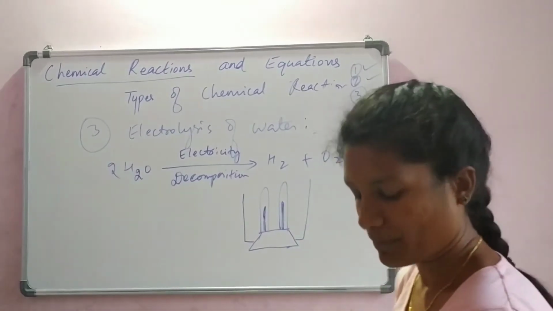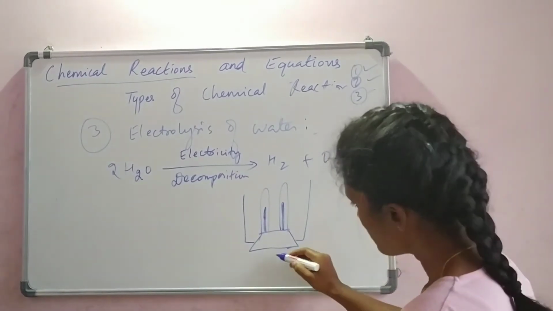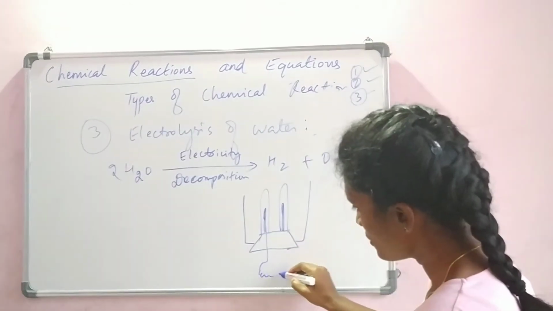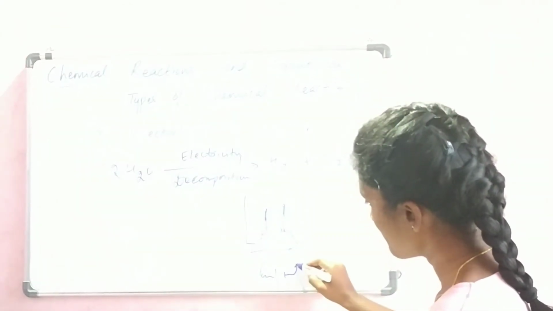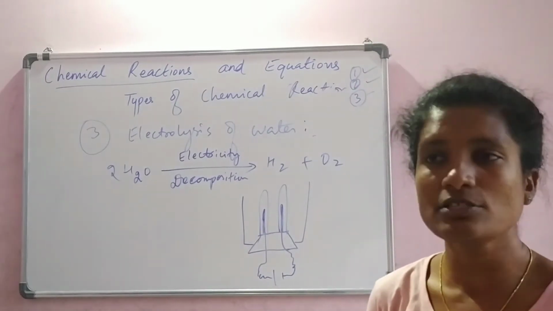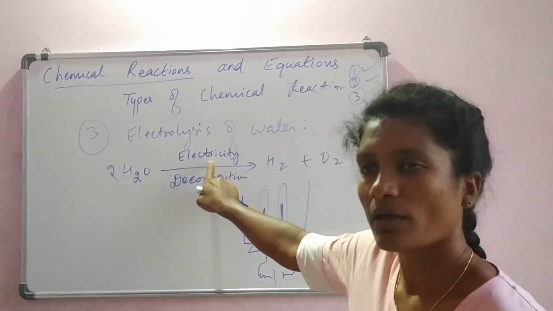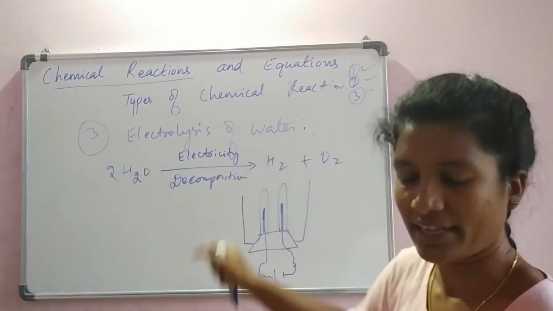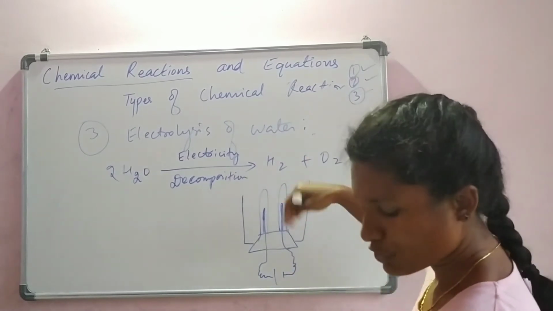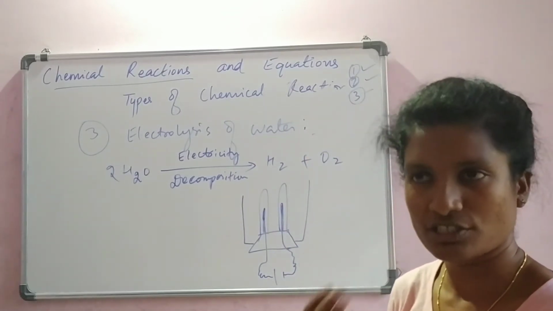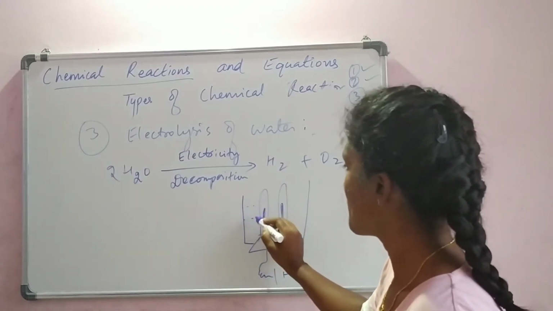I'll tell you the purpose of using that. Then connect the rods to a battery. Battery means you are supplying electricity. We are not heating this, we are supplying electricity. Then what are we going to put inside? Nothing, it's just water.